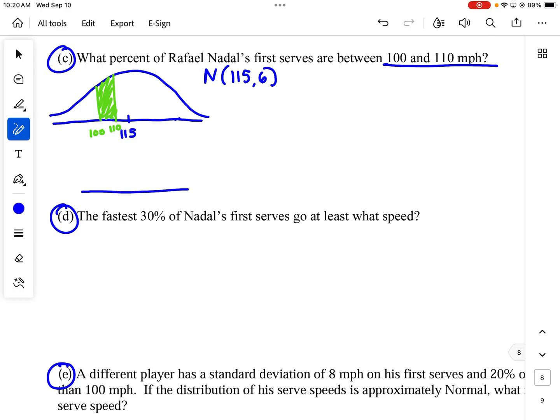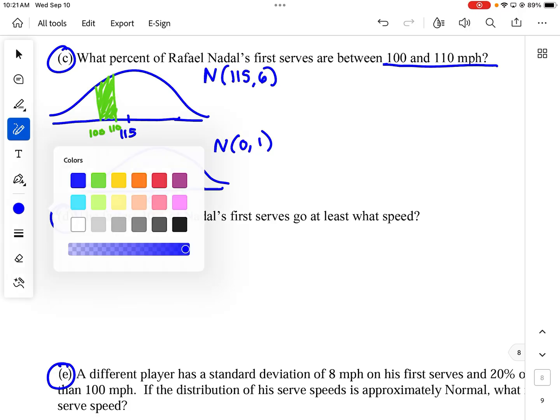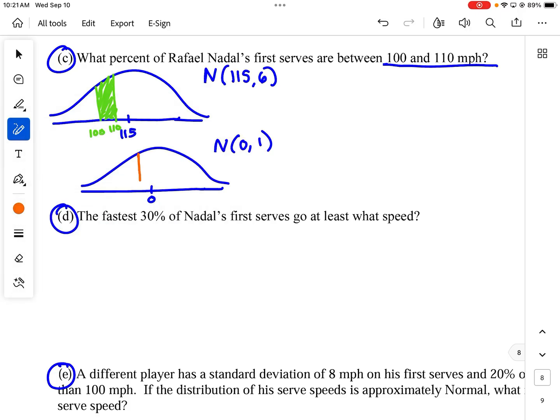So let's go ahead and draw if this was a standardized normal. We have 0 in the middle. It's in the same spot, just it's going to have different numbers. So we're going to call this Z1 and Z2.